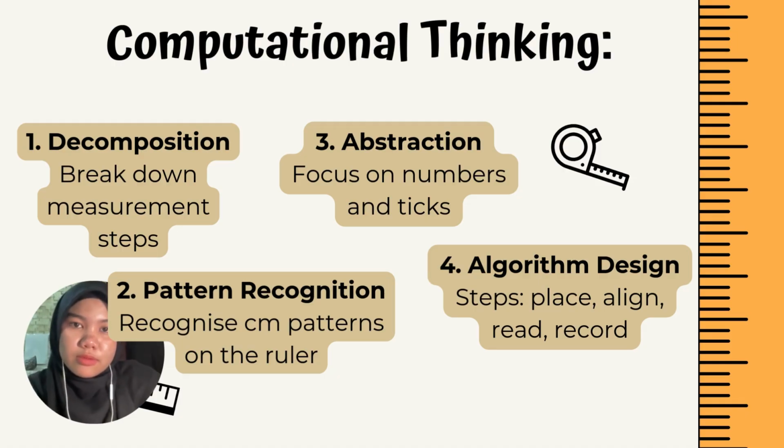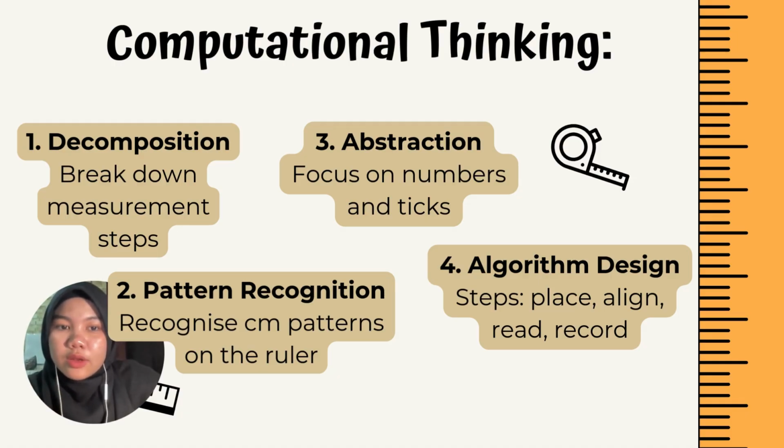The big problem is measuring objects. We break it into small steps: first we place the object correctly on the ruler, aligned with 0 centimeters, read the endpoint, and then lastly write down the measurement.